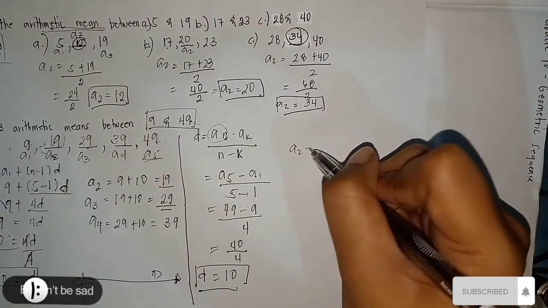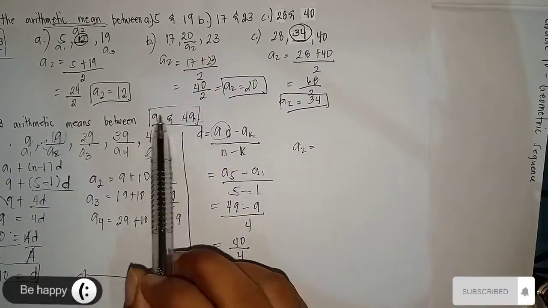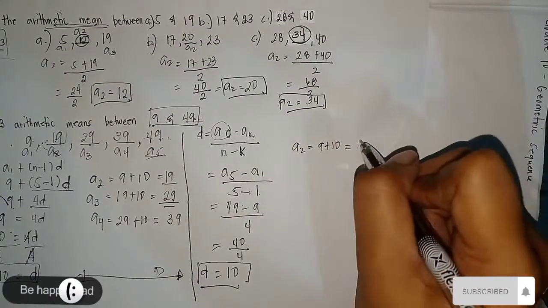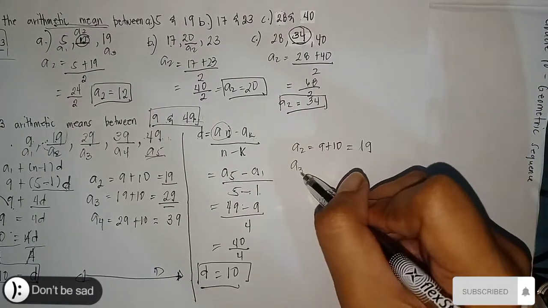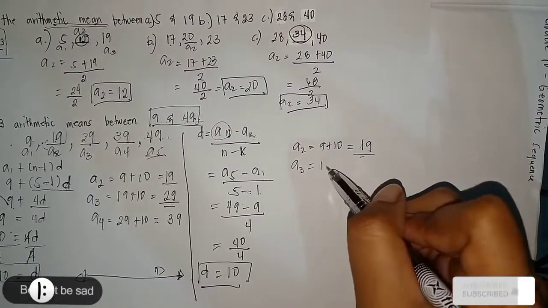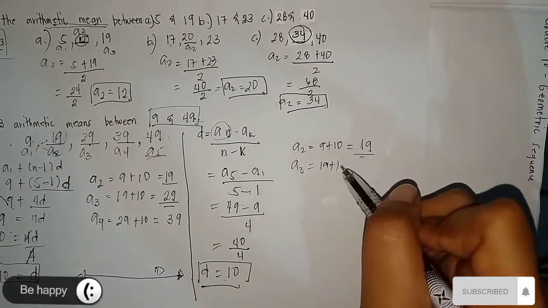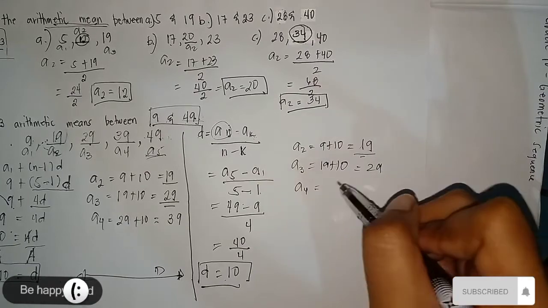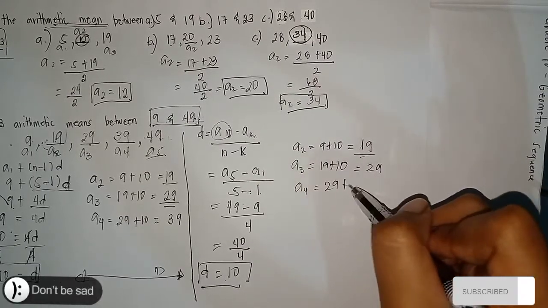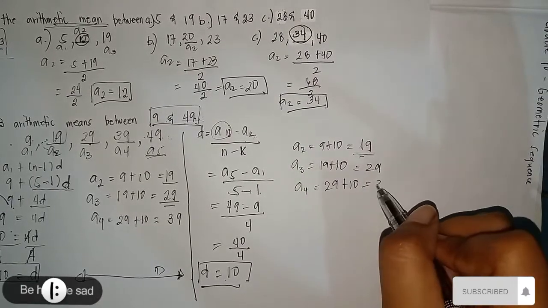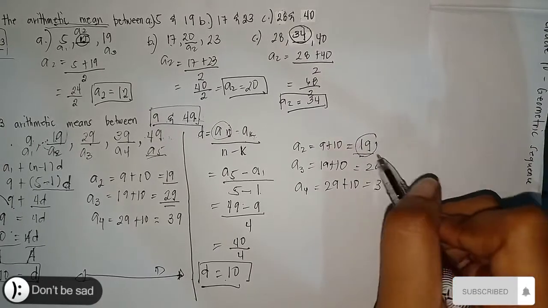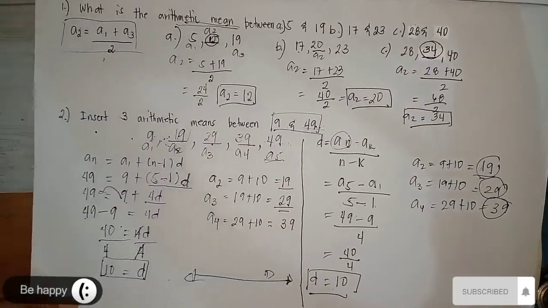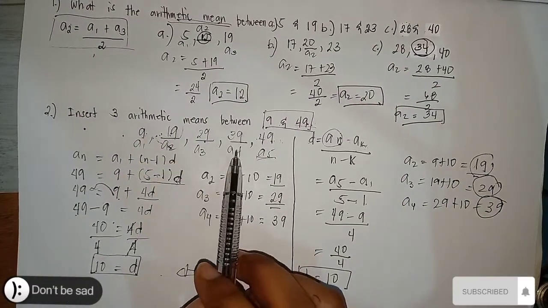So, our a sub 2 is equal to, kunin nyo yung ating a sub 1, 9 plus 10 is equal to 19. a sub 3 is equal to 19 plus common difference 10 is equal to 29. a sub 4 is equal to 29 plus 10 is equal to 39. 19, 29, and 39 is the same with 19, 29, and 39.